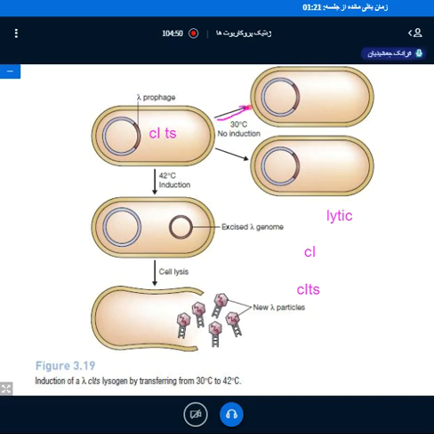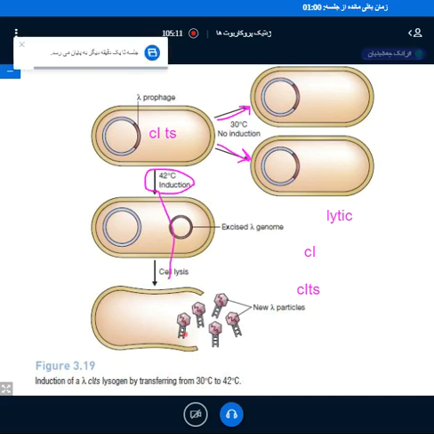If we bring it to the condition of 30 degrees, it goes to lysogeny. But if we increase the temperature, because this is sensitive to temperature, it doesn't work. So if it doesn't work, what will happen? It will go to lytic phase. Understand?